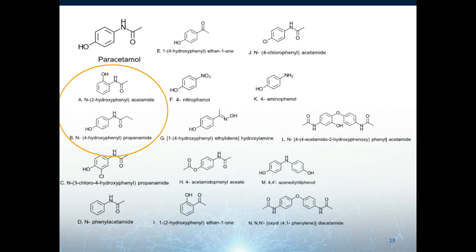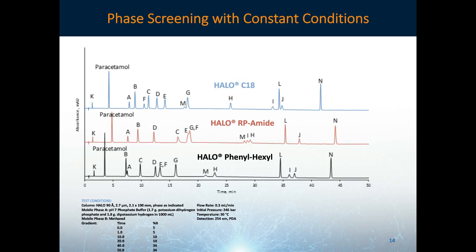And you can see how similar these two structures are and how in the case of the C18 it's better able to resolve these two compounds. If you go back. A and B are better resolved on C18 compared to phenylhexyl, but it's interesting that you get that elution order change. Just as an example of a selectivity difference.